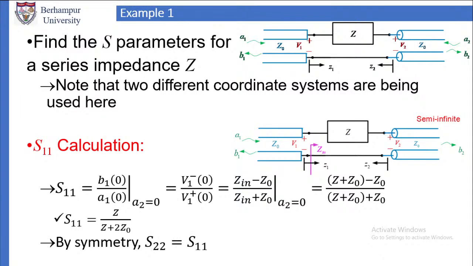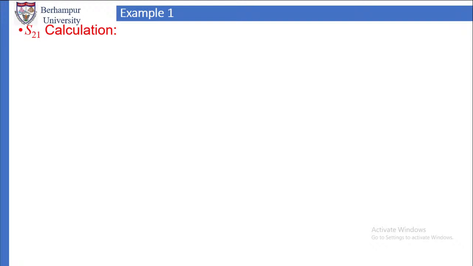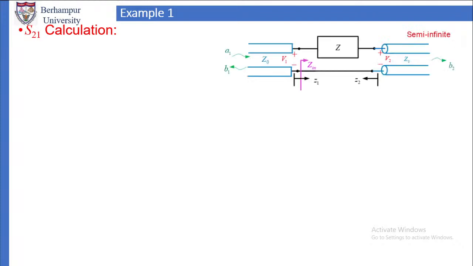Now by symmetry, if you look from the left side, from the right side, we will find the same thing. Therefore, by symmetry, S22 is equal to S11, that will be Z by Z plus 2Z0. So now we have found out S11 and S22 for the transmission line. Next we have to find out S21 for this transmission line, which has the impedance Z over a section.